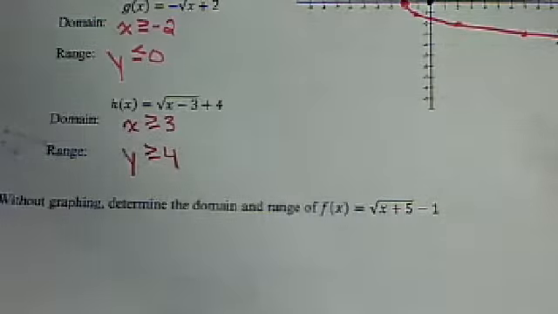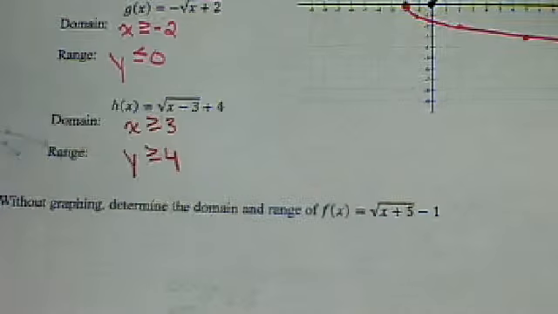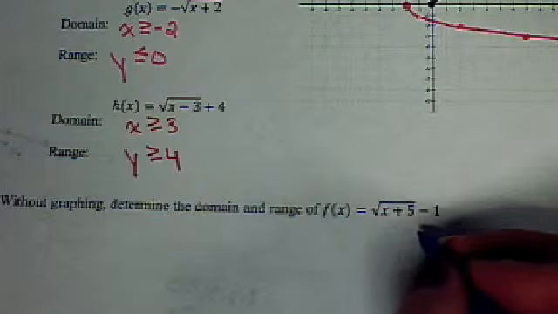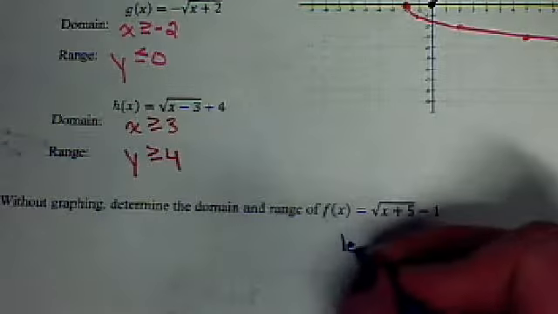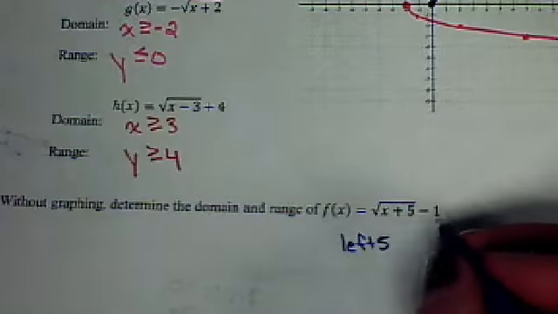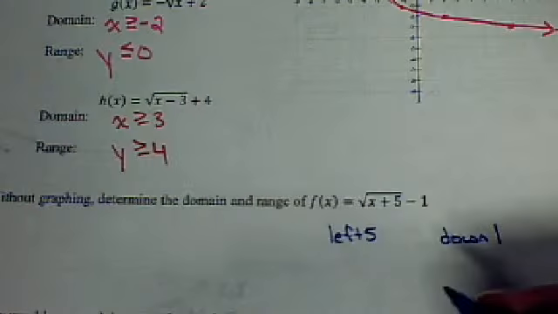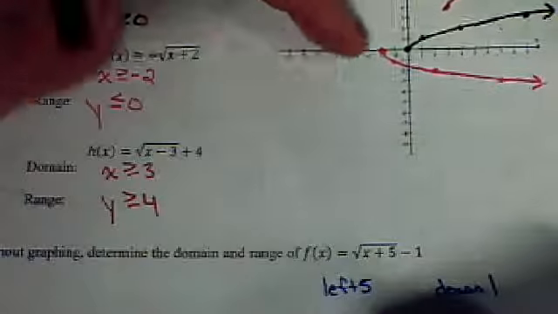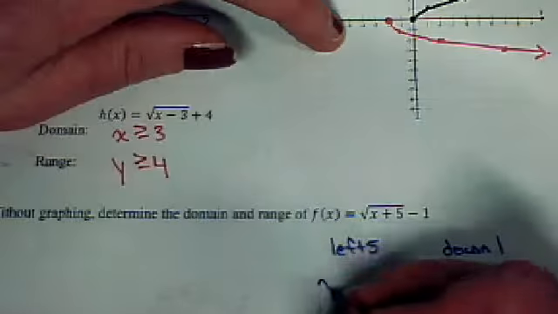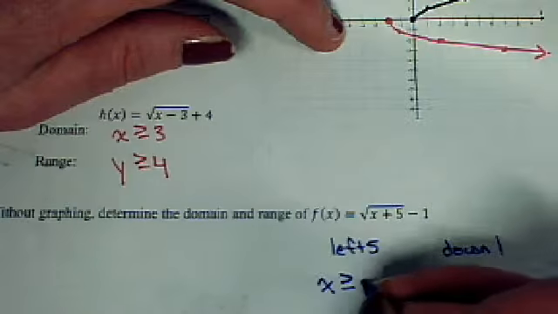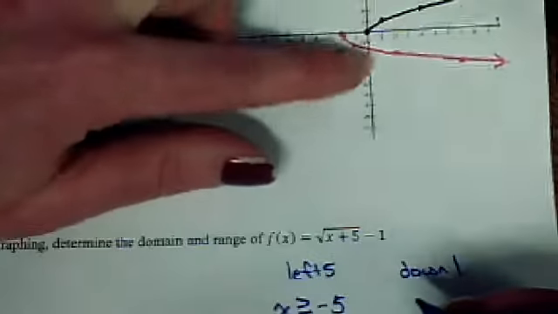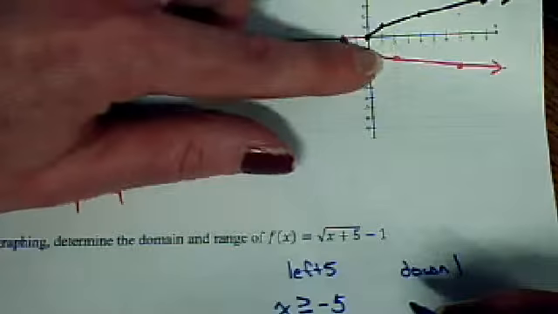We're going to make this prediction. So, square root of x plus 5. Well, that's a left 5. And the minus 1 is a down 1. But it's not flipped or anything. So the left 5 means we're going to start over here. So the x values are going to be greater than or equal to negative 5. Down 1 means I'm going to take that parent and move it down 1.